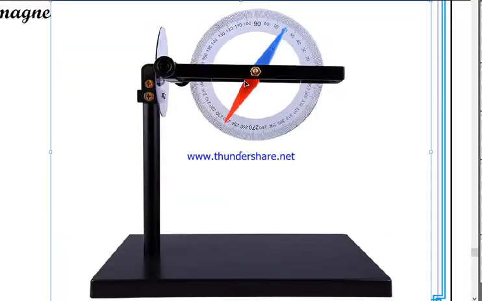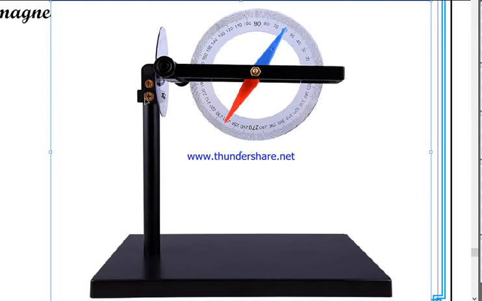This is an example of a dip needle, and this is a magnetic needle. The magnetic needle is exactly anchored at the center, so based on gravity, if you were to apply only gravity here, then it should have been balanced, isn't it?